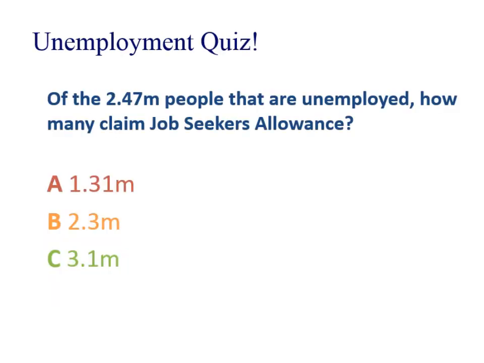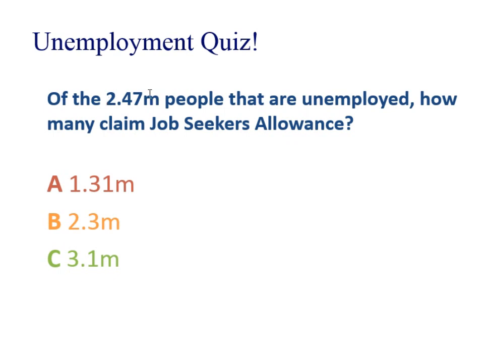So this is quite interesting. I did a little quiz with my students. It was longer than this, but I'll just show you this one question. So this was from last year. So 2.47 million people, actually it's from 2013, but 2.47 million people unemployed in the UK at that point in time. How many claim job seekers allowance?